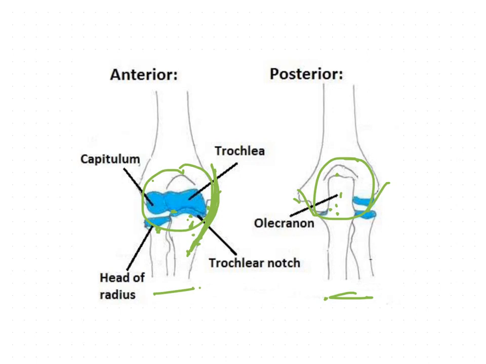But at 90 degrees of flexion, the anterior part of the medial collateral ligament provides the primary resistance to both distraction as well as the valgus stress. Okay. If the anterior portion of the medial collateral ligament becomes lax through overstretching, the medial instability will result when the elbow is in flexed position.